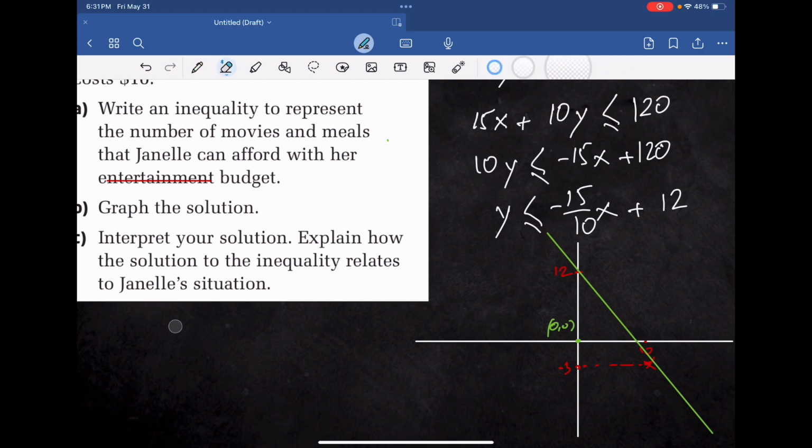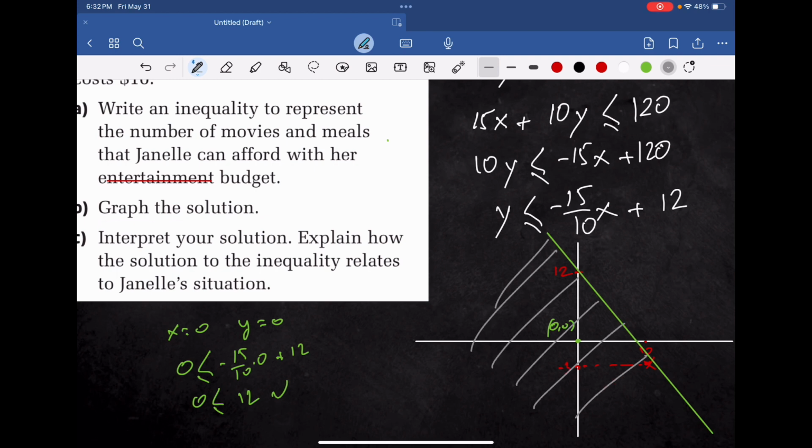So if my x equals 0 and my y equals 0, this inequality will be 0 is less than or equal to minus 15 over 10 times 0 plus 12. 0 is less than or equal to 12, which is correct. That is telling me that my graph will be this area. So this is my graph.